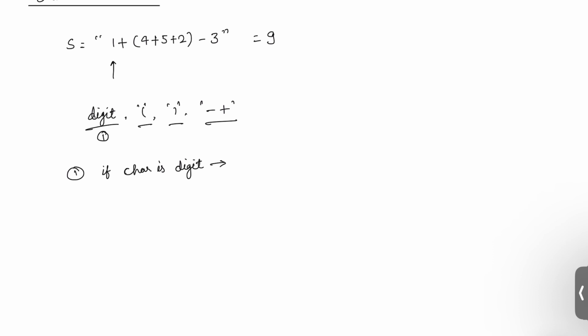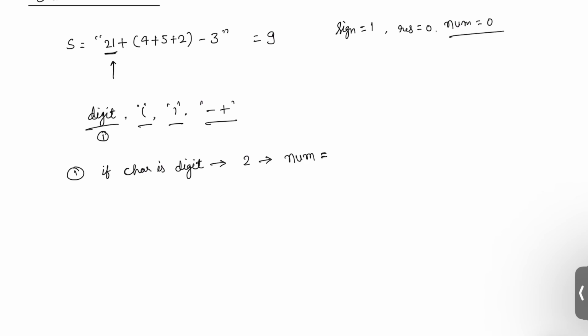Initially there is no sign before any digit, so we will consider sign is 1. That means this is a positive sign, and I will store the value inside result, and I will take one numeric value. The numeric value can be like 21, so I take the whole number 21. I will go digit by digit. First digit is 2, so this will be stored inside num. Initially num value is 0.